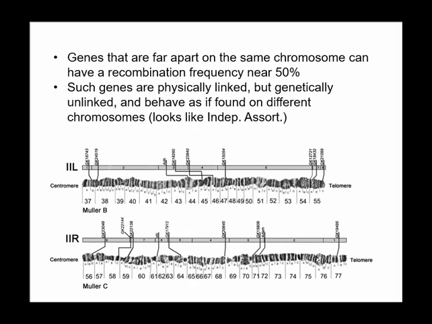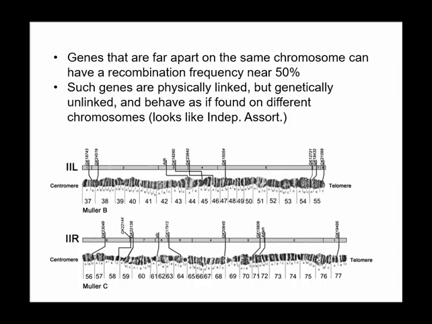What about things that are really far apart? Remember, thinking about that recombination frequency. If things are really far apart, one swap can happen and then another one and another one and another one. Let's take opposite ends of a chromosome, for example. Those things are so far apart, usually on a big enough chromosome, that they look to have a recombination frequency of close to 50%, which is, again, just like we'd see with an unlinked trait.